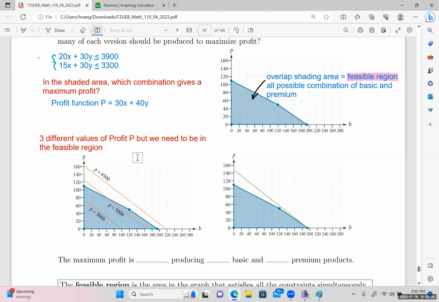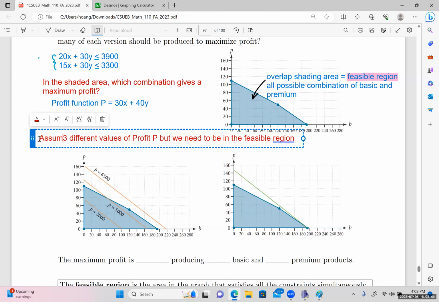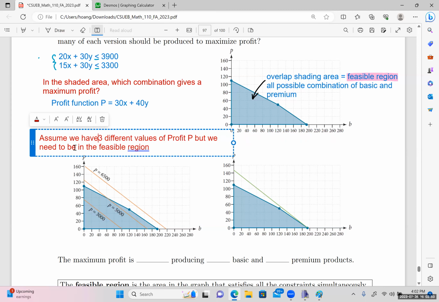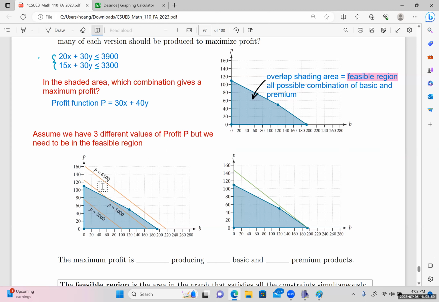This is a little bit confusing. Maybe you're going to ask why we have three different values here. I just assume we have three different values of profit, and I got these three lines.